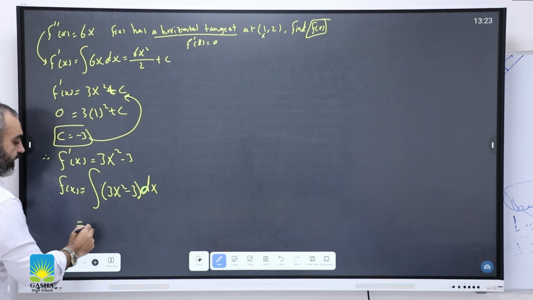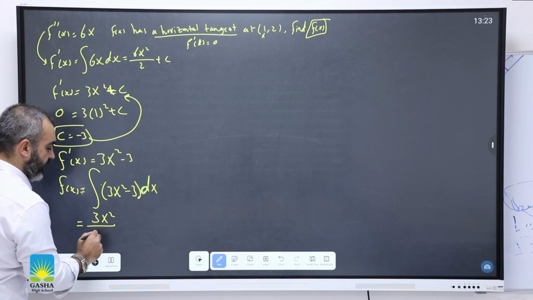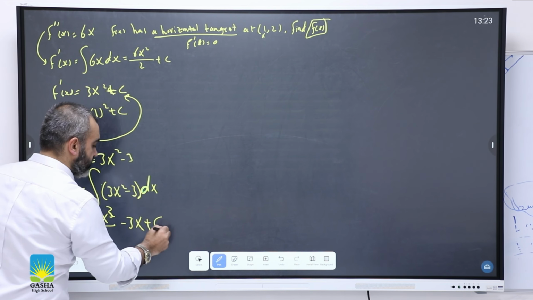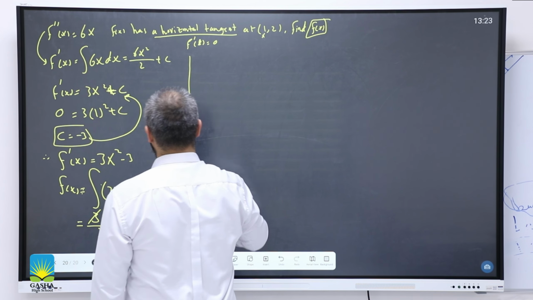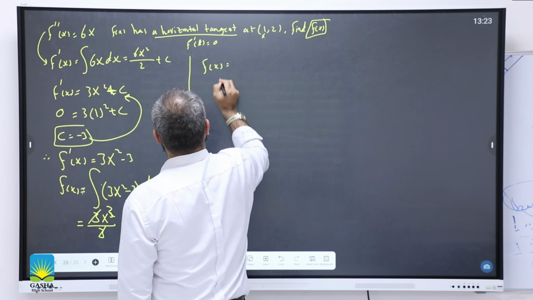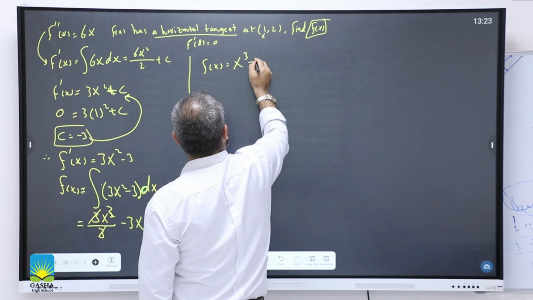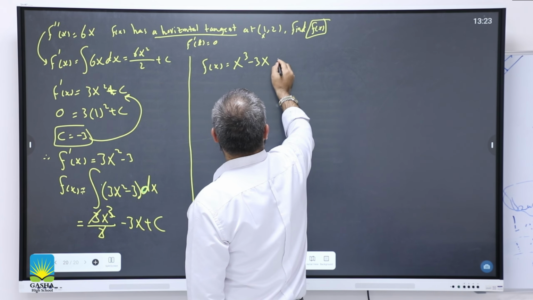So 3x cubed over 3 minus 3x plus c. 3 cancels. So f of x equal to x cubed minus 3x plus c.